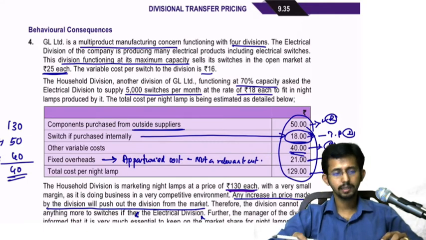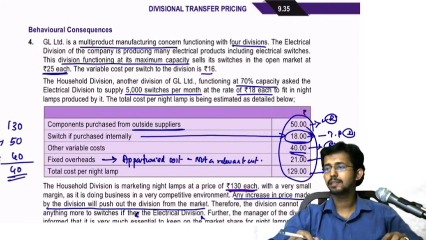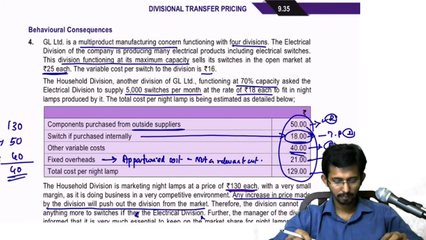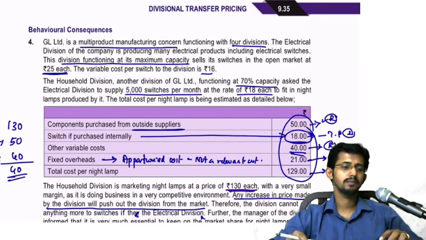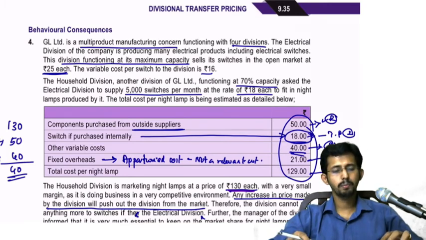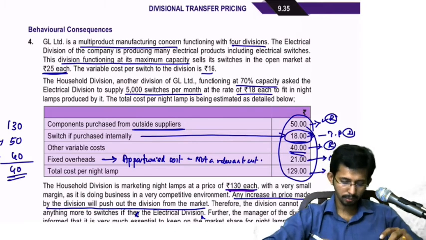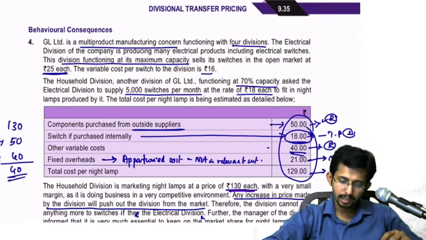In bracket you can write, sales revenue minus out of pocket expense. Which are the out of pocket expense? This 50 and this 40.